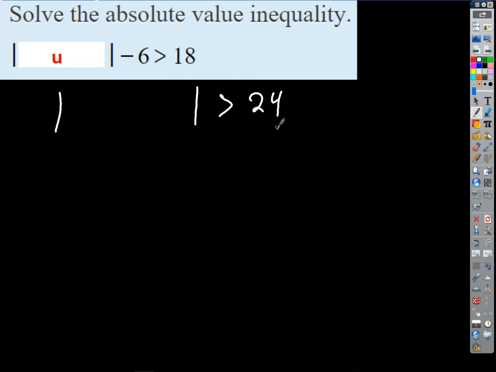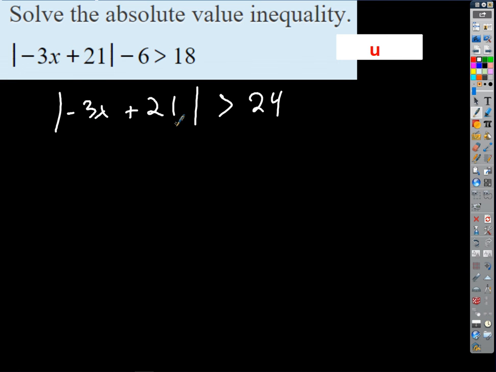Okay, so first, we're just going to isolate the absolute value. Ignore what's inside. What's the one step to isolate the absolute value? Add 6. Okay, if I add 6, I get the absolute value of u is greater than 24. Well, what's inside? Negative 3x plus 21.